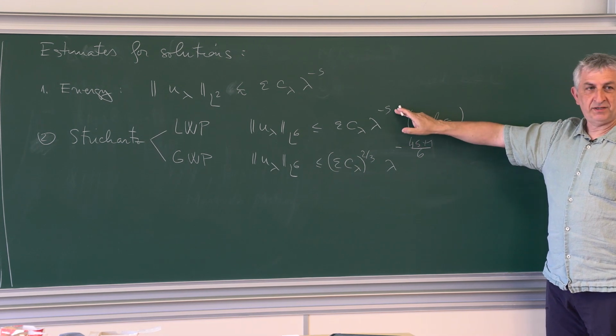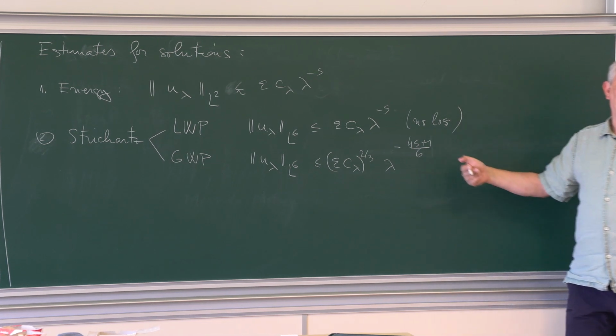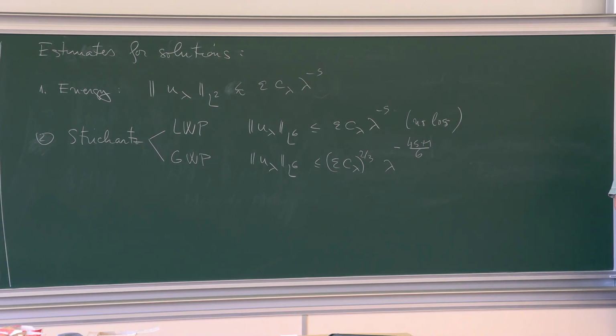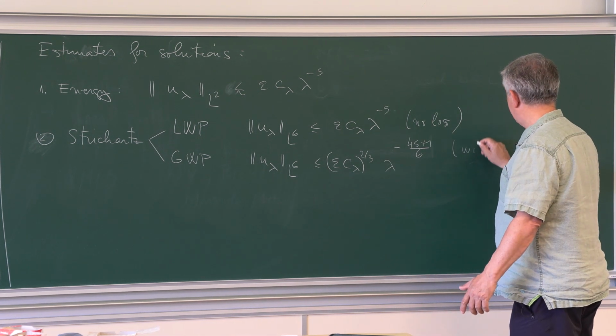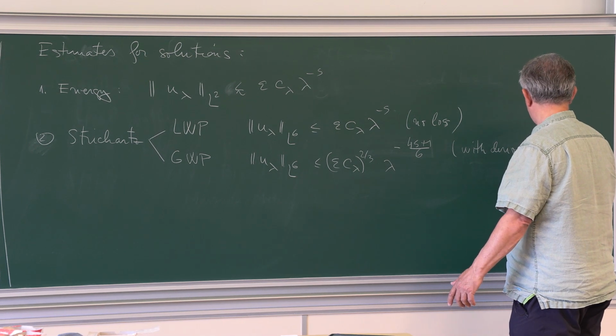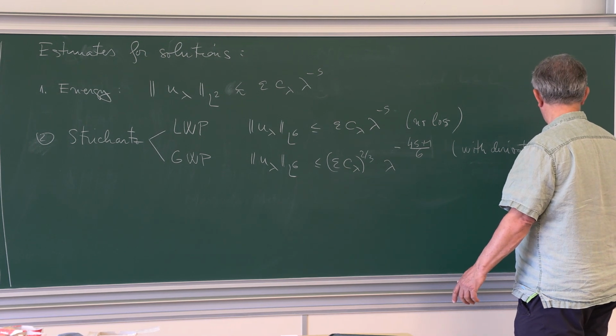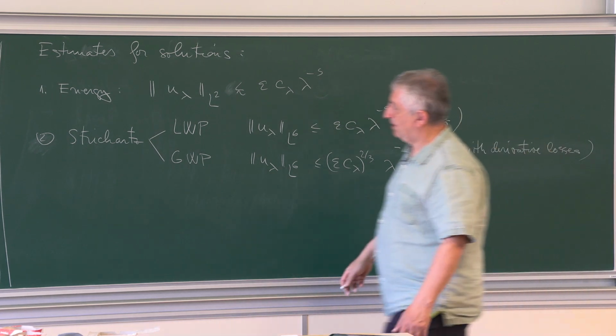There we have a 1 here, and here we have a 5/6. So in the limiting case, it's a loss of 1/6 of a derivative. All right.